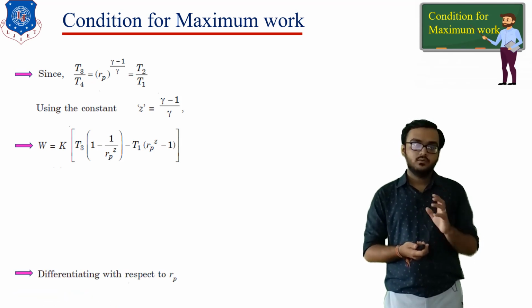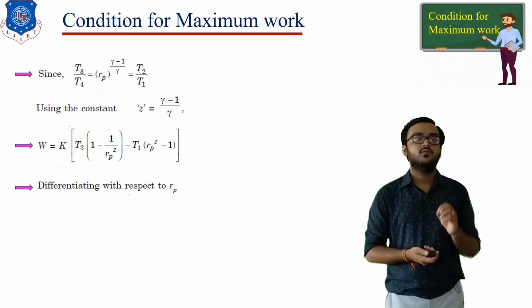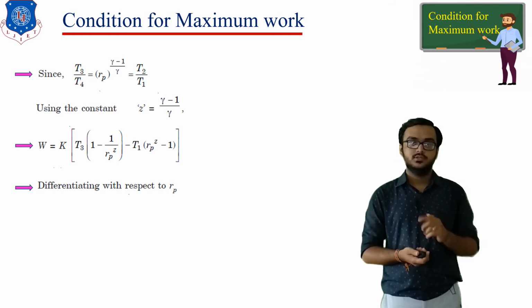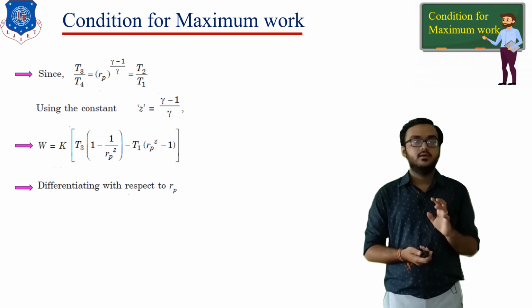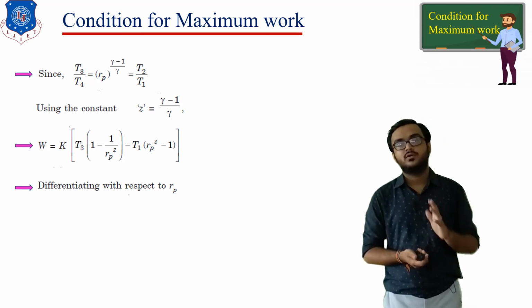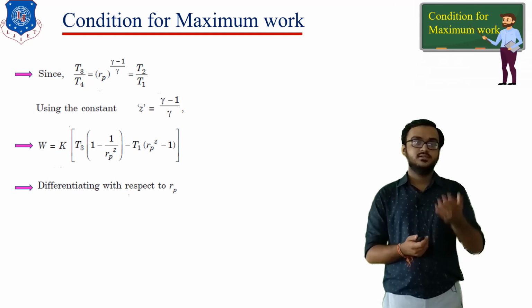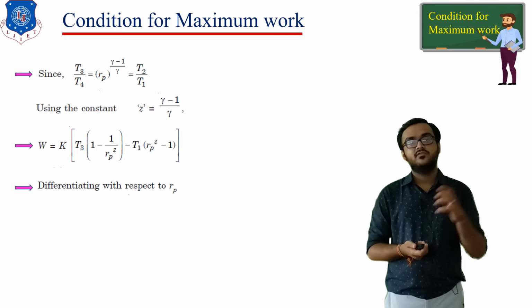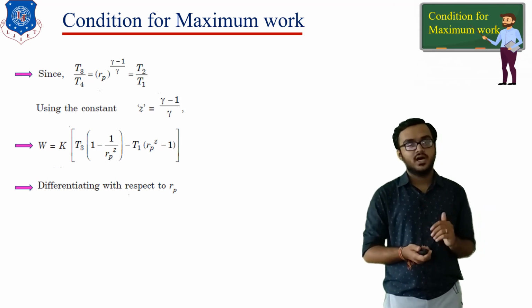So now, to obtain the condition for the maximum work done, we need to differentiate the above equation with respect to Rp. So try to differentiate and obtain the condition for the maximum work done by performing the differentiation with respect to Rp.